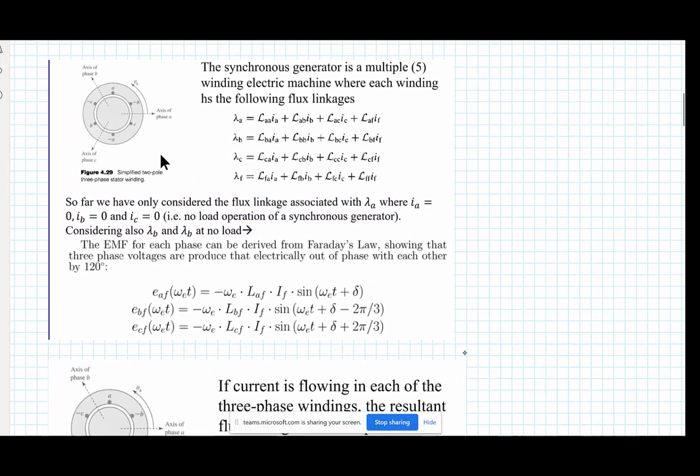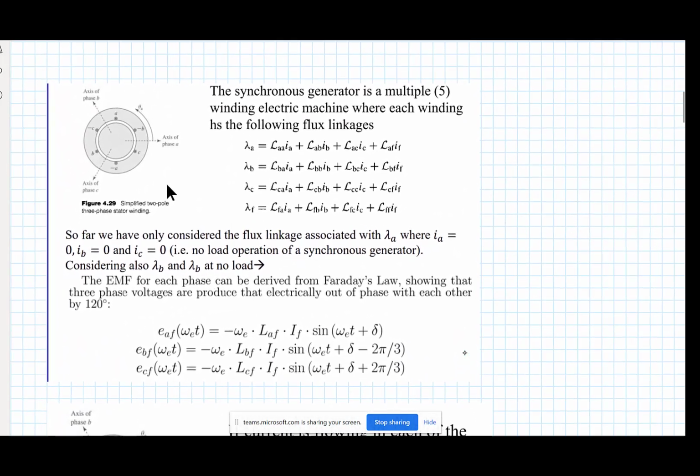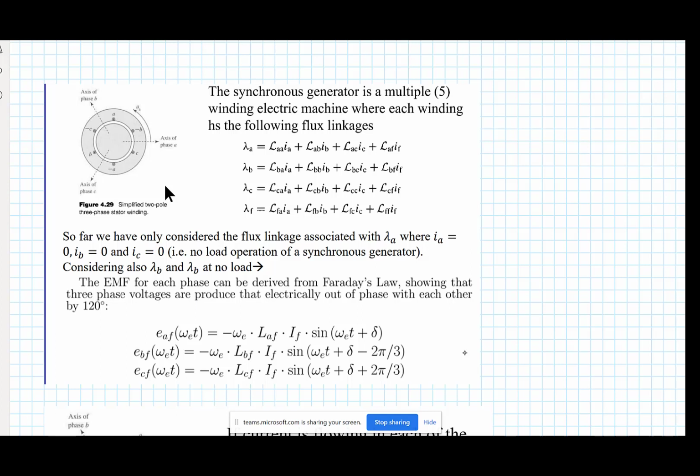So we also have a synchronous machine is a multi-winding machine. And there's actually 5 windings. Let's see, let me make sure I got that right. Why did I say 5? I think there's 4.